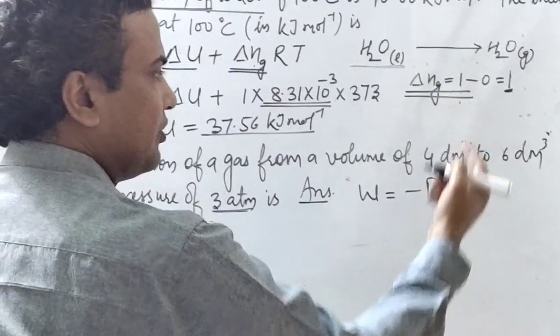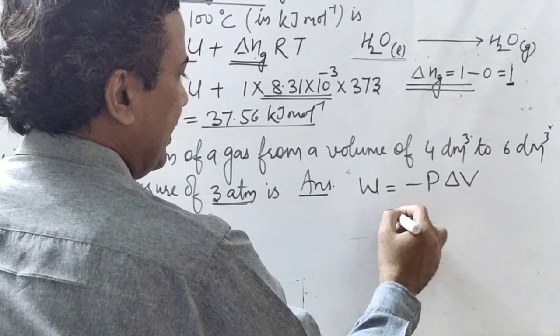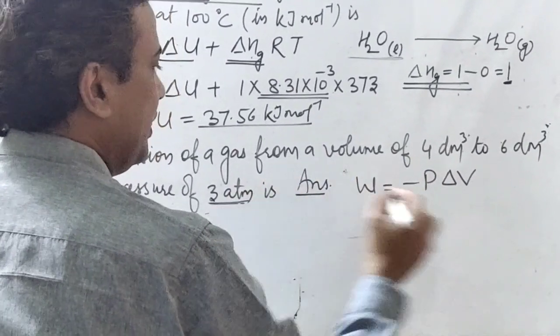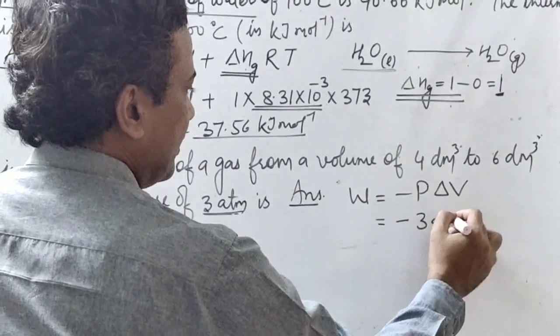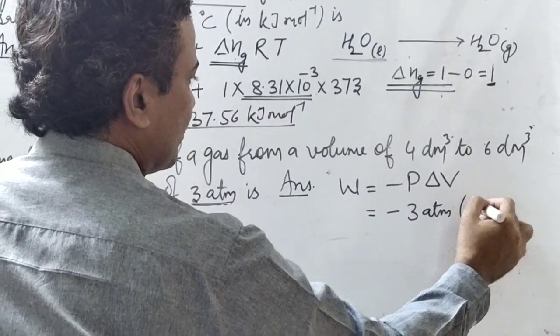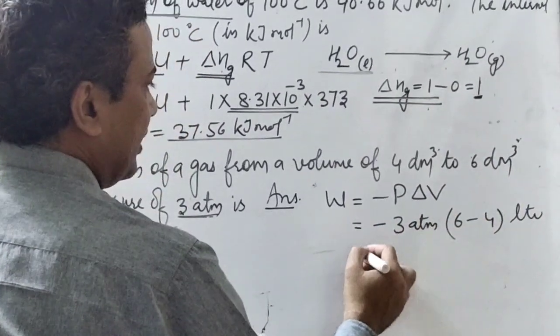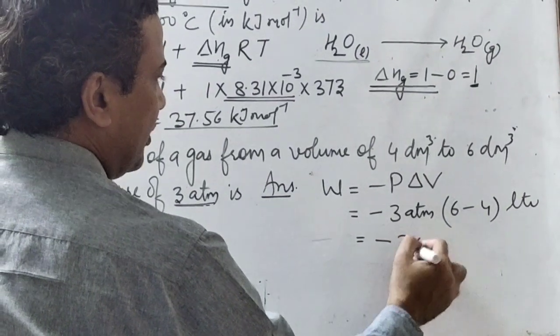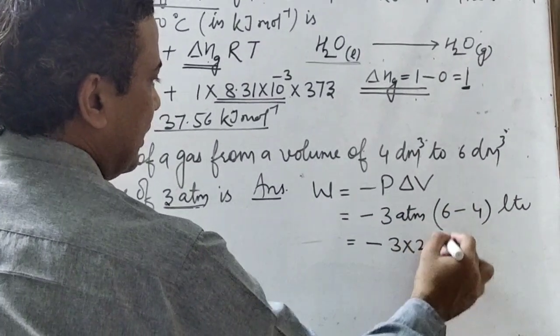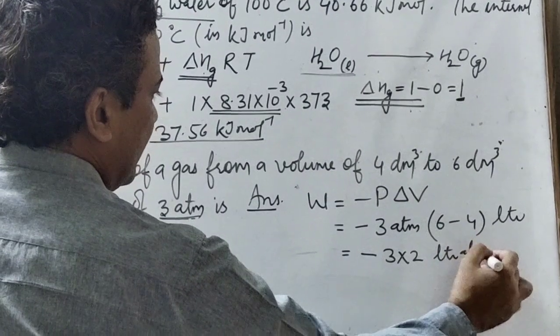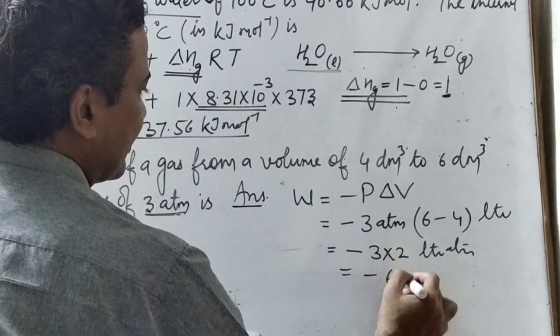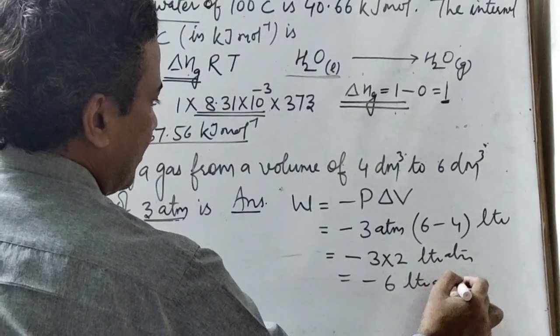Decimeter cube means liter. So work is minus P, 3 atmosphere, and delta V, 6 minus 4 decimeter cube or liter. It is minus 3 into 6 minus 4, 2 liter atmosphere. It means minus 6 liter atmosphere.